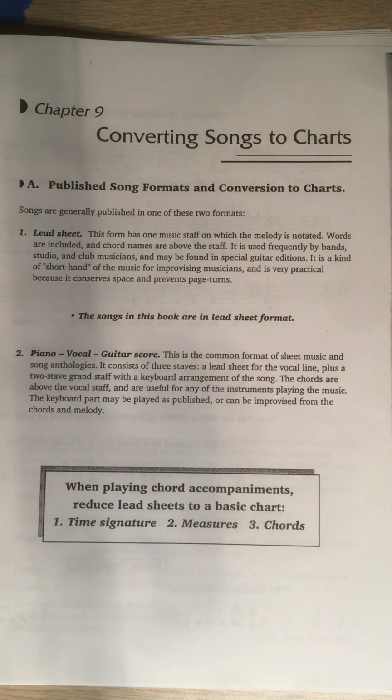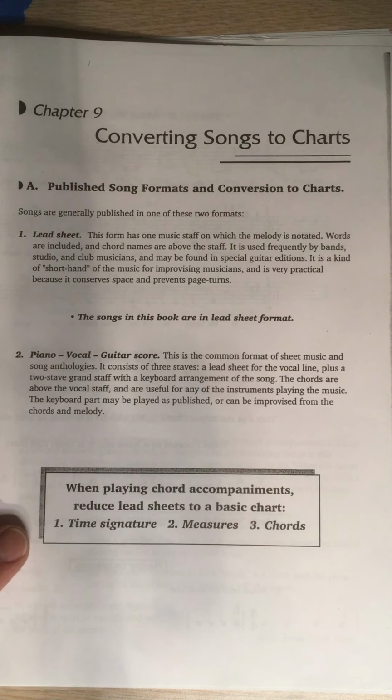But again, we're looking for only 3 basic elements, whether we're looking at a lead sheet or a piano, vocal, guitar score. We want to look at the time signature. It tells us how many beats are played per measure, imperative for the feel of the song.